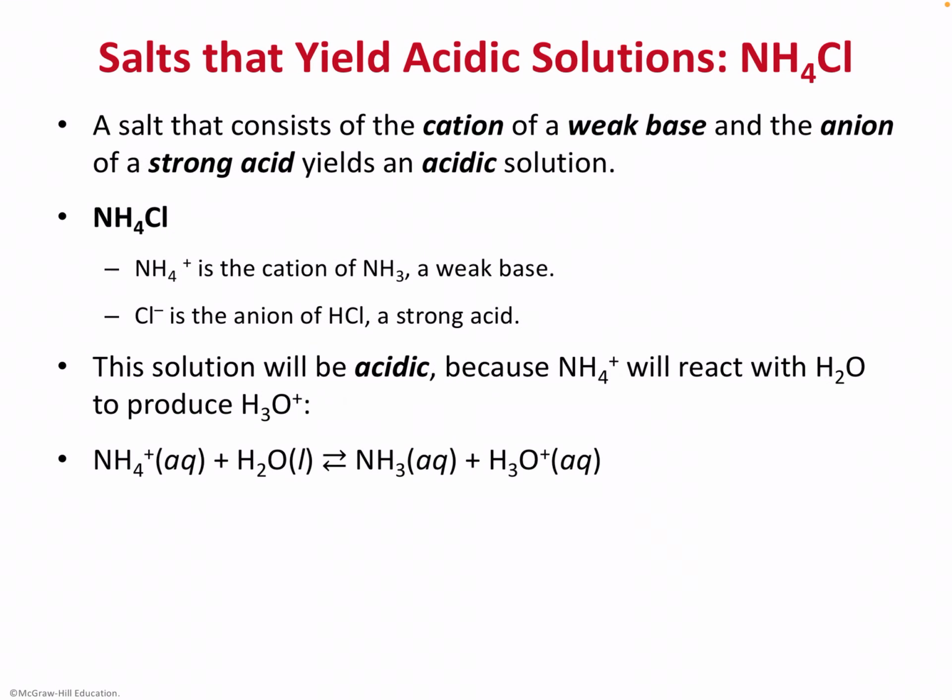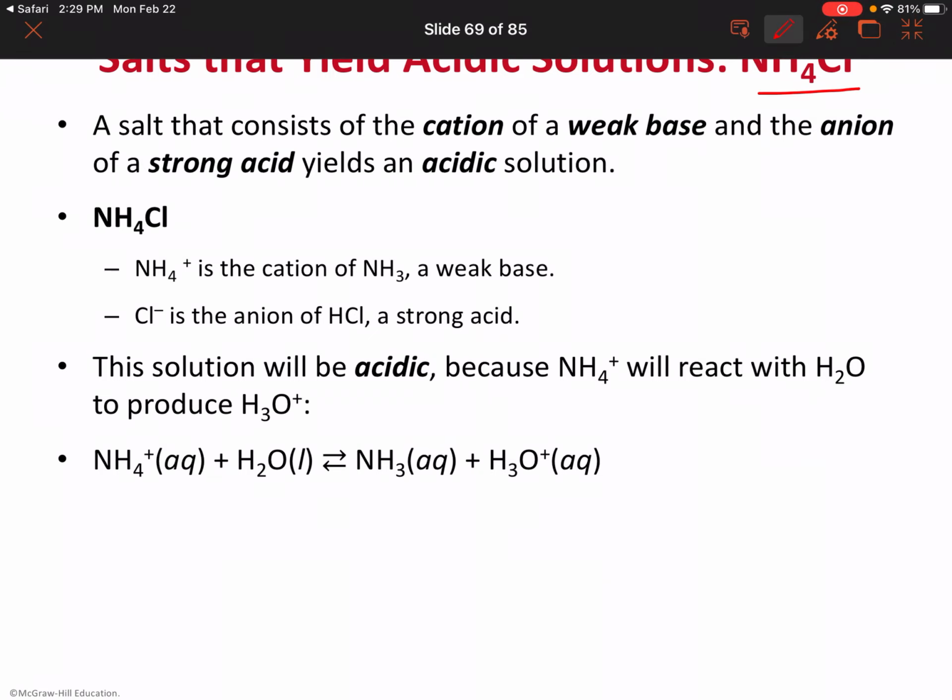Salts that yield acidic solutions. A salt that consists of the cation of a weak base and the anion of a strong acid yields an acidic solution. Now this is a salt that consists of the cation of a weak base, ammonia.